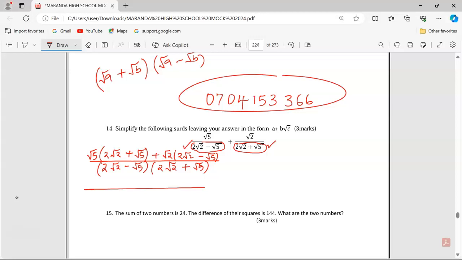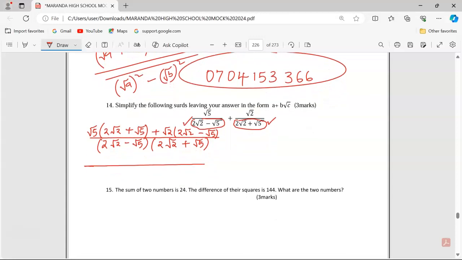Now, when you are simplifying conjugates, you usually get a rational number. Therefore, at the end of the day, in the denominator, we're not going to have a surd. It's now going to simplify to a rational number. And to simplify conjugates, you simply take the root of a and square it, and you subtract the root of b, also squared.